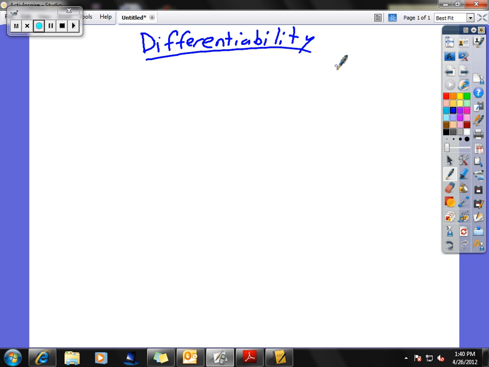That's what differentiating means in calculus. So differentiability means if something is differentiable, that means you can do a derivative of it.